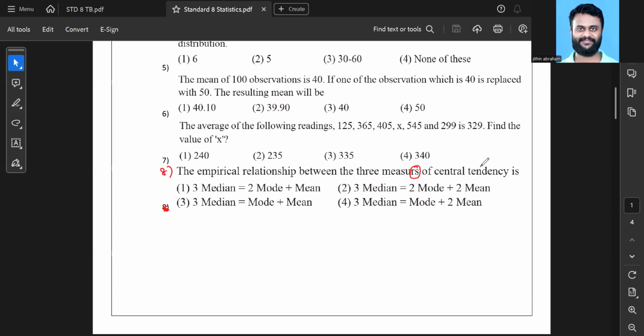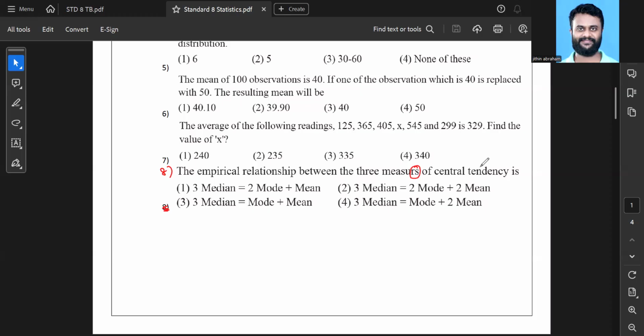The correct answer is not given here actually.